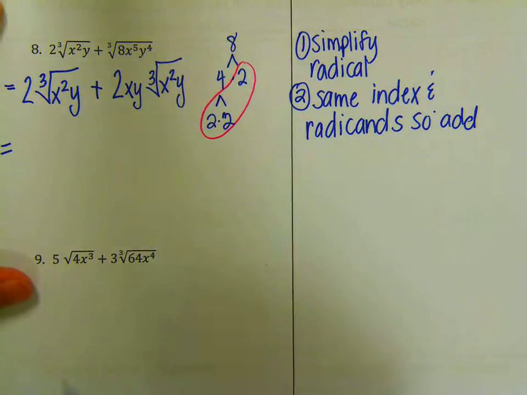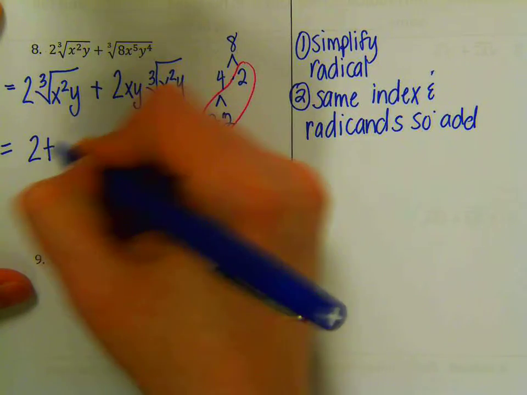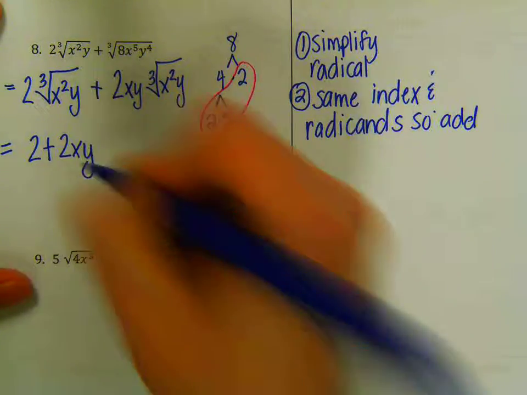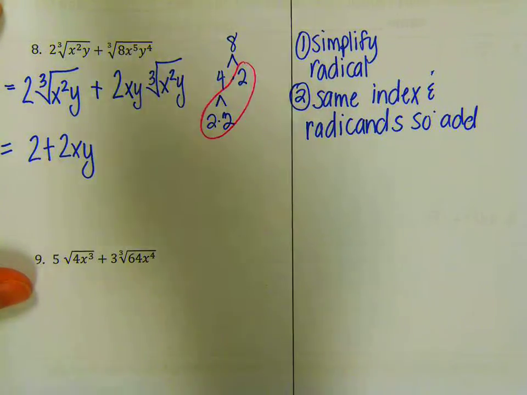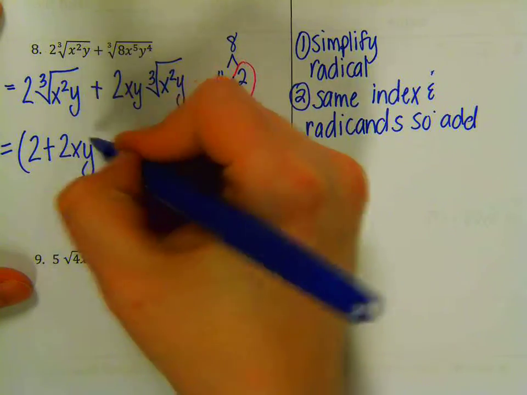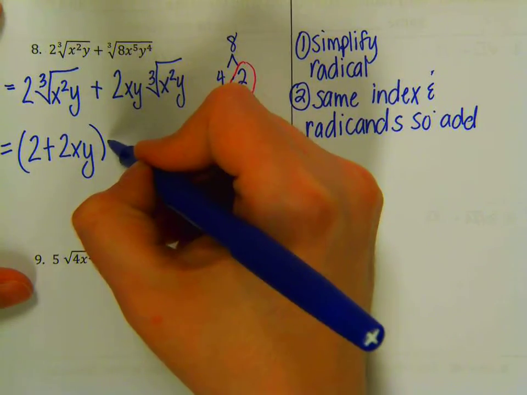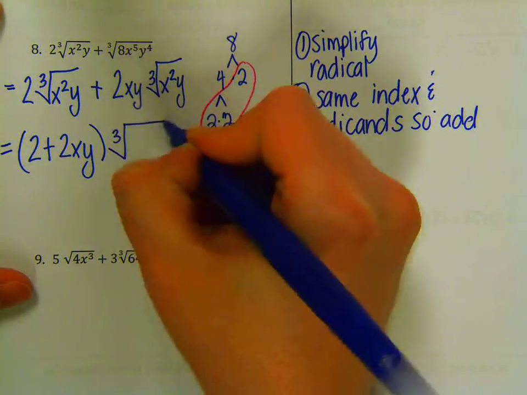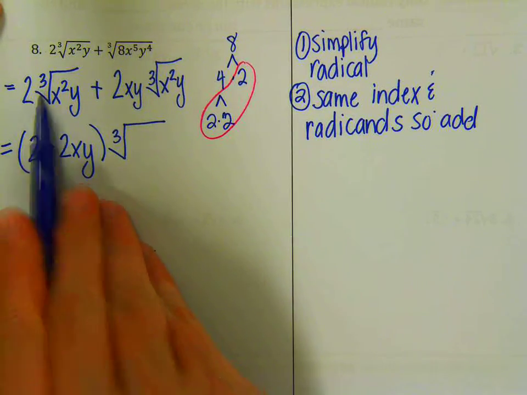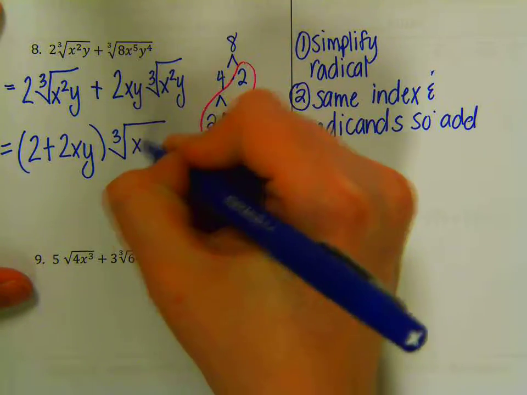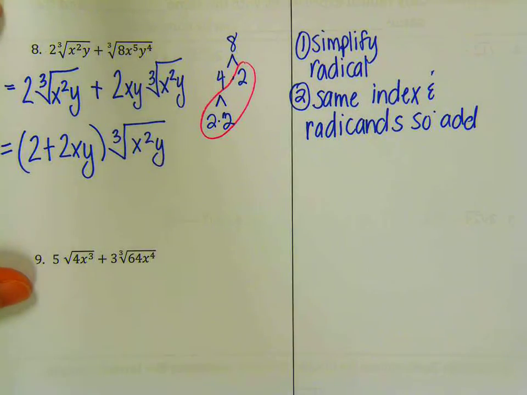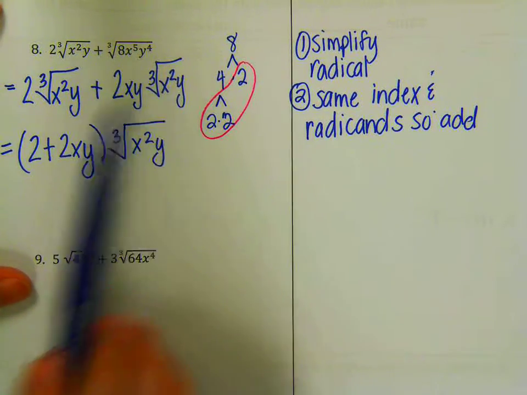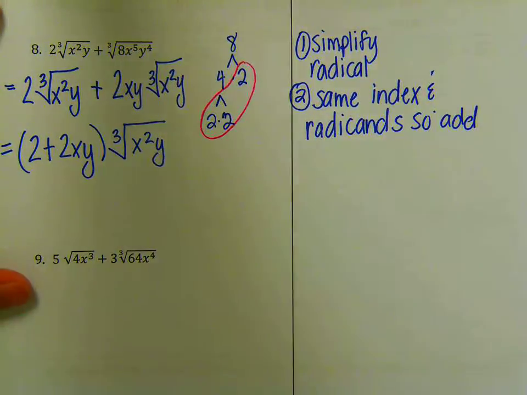Well, that's not really going to help me out a whole lot. I can't combine like terms because they're not the same. I'm just going to write it with a parenthesis, and on the outside the index is 3, and then my radicand was x squared y. That one I can't do anything else with because I couldn't add these together. But the radicand stays the same, the index stays the same. I just have to write it as 2 plus 2xy.